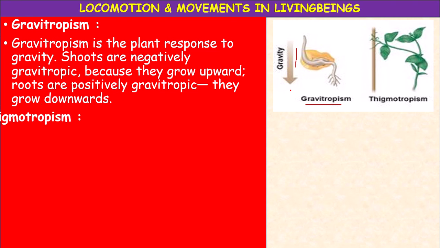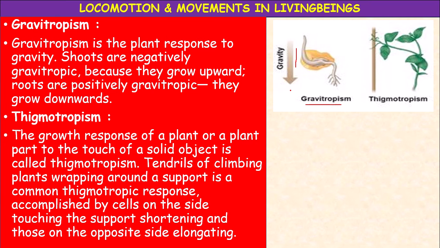Next, chemotropism. Chemotropism means the growth response of a plant or a plant part to the touch of a solid object, or response to touch, is called chemotropism in plants. You know very well some climbers, the plants which climb taking support, for example pea or beans, the weak stemmed plants.